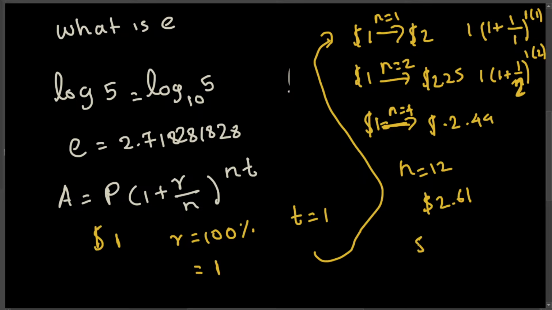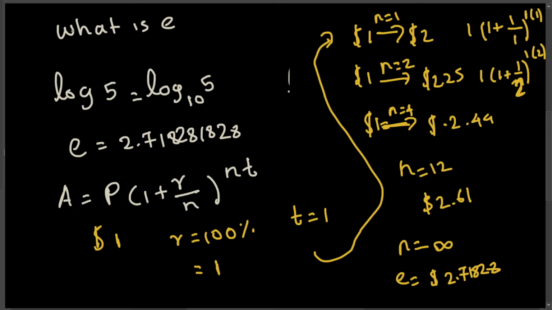And if you put n equal to infinity, you're going to get a value that is close to e, that is $2.71828. So from this one, you can see that the equation for the amount calculated using the interest rate is almost similar to the e equation. From that one you can also find the e value.